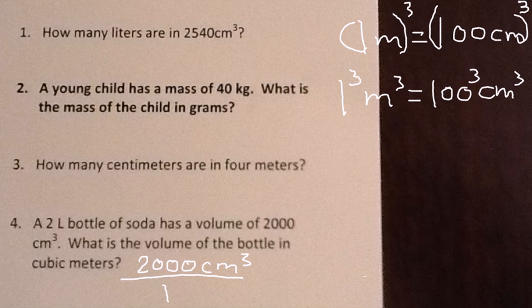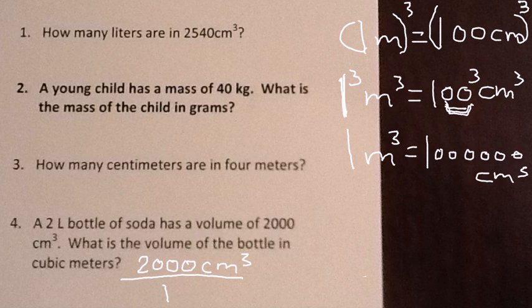So on this side of the equation we have that 1 times 1 times 1 equals 1 cubic meter, and on the other side 100 times 100 times 100, we have 1 million cubic centimeters.